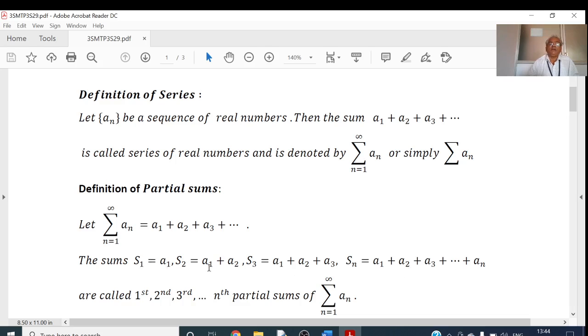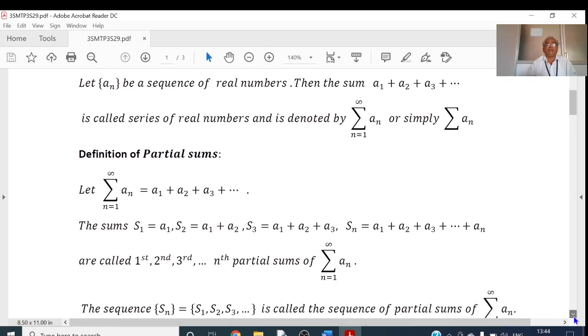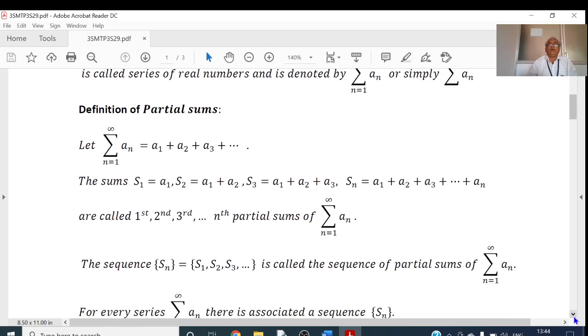These S1, S2, S3, Sn are called the first partial sum, second partial sum, third partial sum, and so on, and the nth partial sum. Now, for a given series, we have the terms S1, S2, S3, S4, Sn. Now we make one sequence, which I will denote by Sn, equal to S1, S2, S3, and so on.